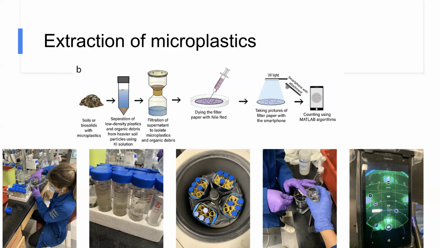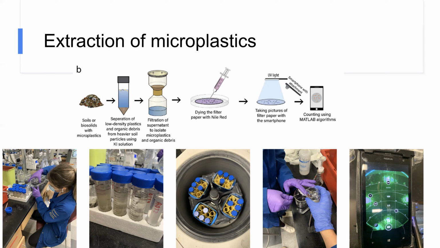In this salt solution, any plastic which is lighter than 1.5 density is going to float, which is essentially all plastics. Not just plastic will float, but also other organic debris. But basically all soils will settle. So we mixed them in KI solution and centrifuged them so that all the soil particles settle at the bottom. Anything that floats is plastics and organic debris.